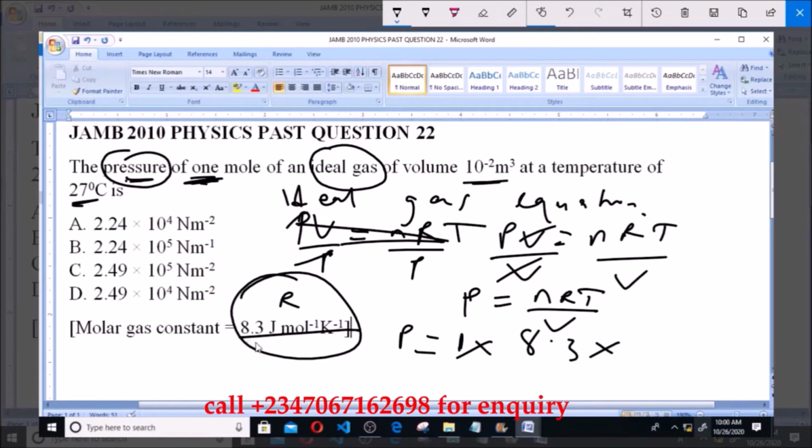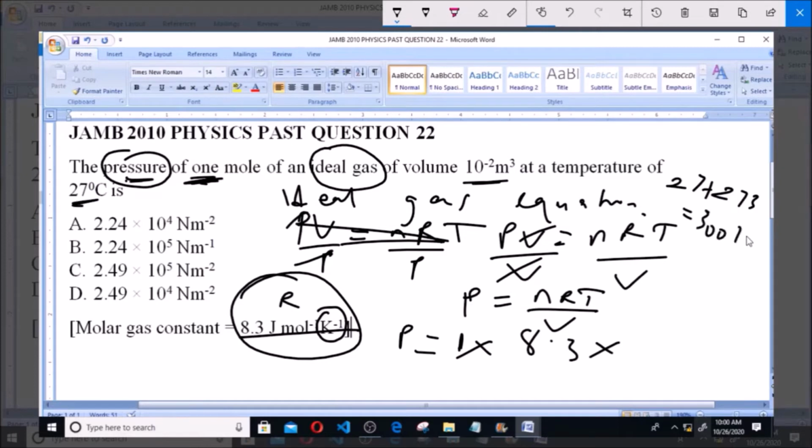Now we have to operate in Kelvin, because looking at the gas constant here, what you have is per Kelvin, so you have to convert to Kelvin. So 27 plus 273 is equal to 300 Kelvin. So multiply by 300 over the volume, which is 10 to the power of minus 2.